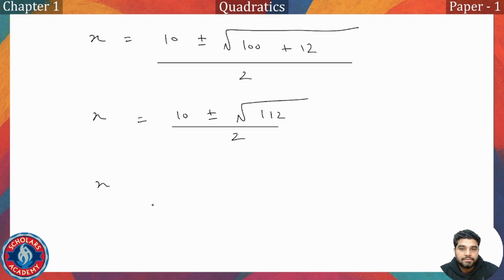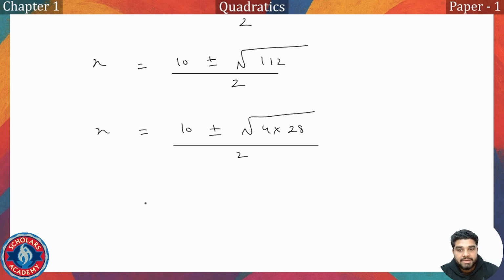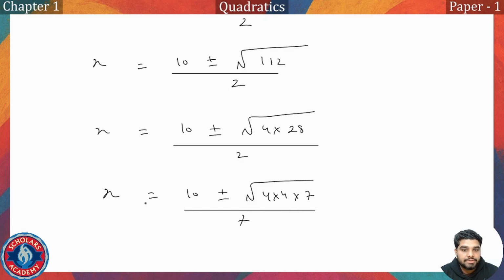So if we want to simplify it more, we can write it as 10 plus minus, and over here I can write it as 4 times 28 divided by 2, which means I can write it as 4 times 7 divided by 2.